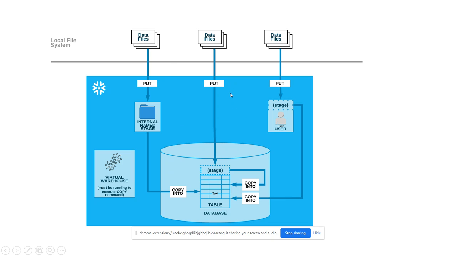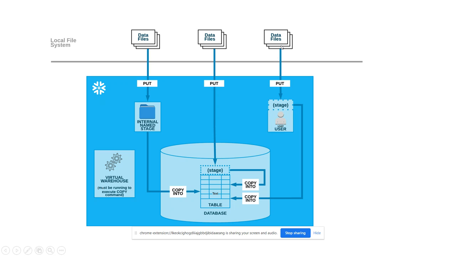Let's start with the user staging area. Whenever a user has been created in the Snowflake account, he will have some staging area. Suppose he is the user, and the area listed in these dots is the staging area allocated to this particular user.